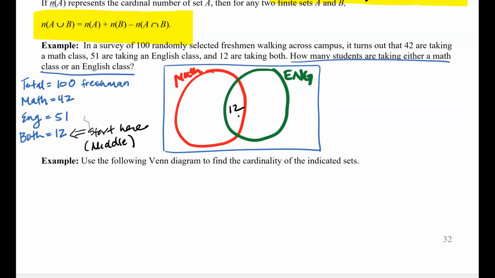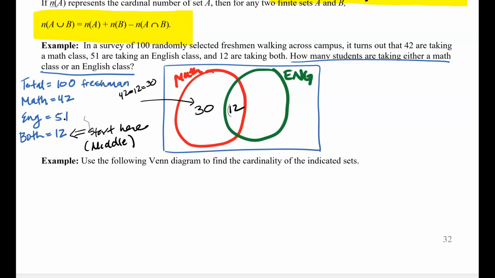There's already 12 in here. Then figure out, well, how many needs to go here so that altogether I have 42. I'm just going to draw a little arrow here: you're going to do 42 minus the 12 to get 30. So now if you look at the math circle, you don't see the number 42, but there's 30 and 12, and that together is 42.